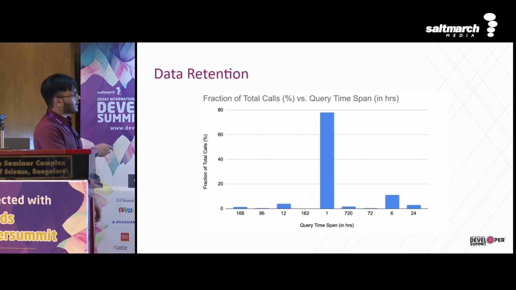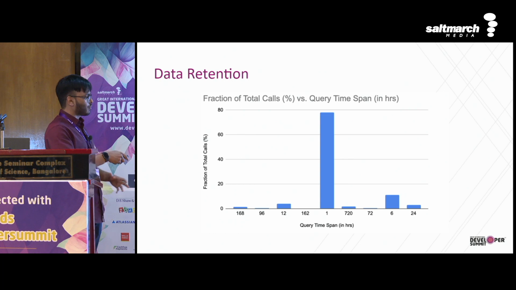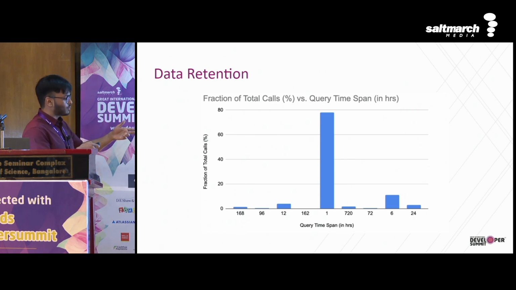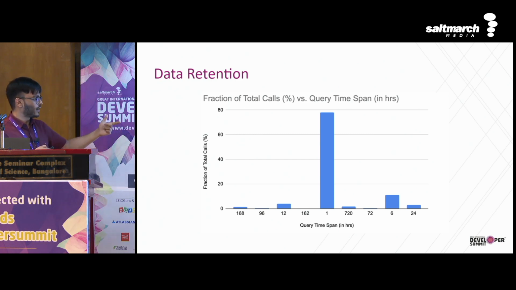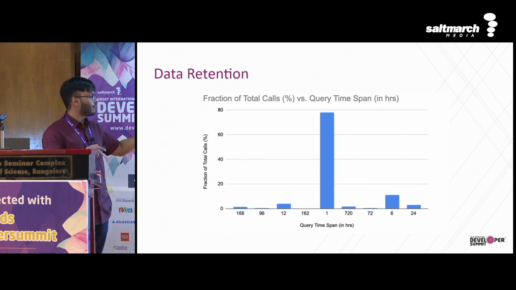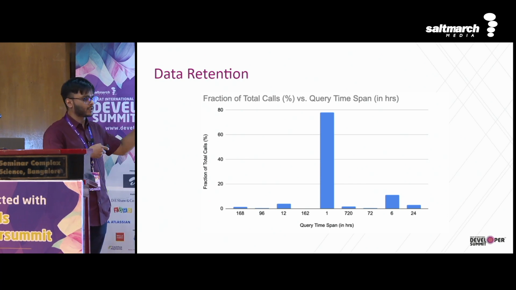So this gives us a surface area to exploit and optimize, because as per the maxim, you optimize the common path first. So we optimize for 1 hour. There are two things to optimize here: one is cost and one is performance. For cost, I know that if I just retain data for 1 hour, 80% of my users are happy.